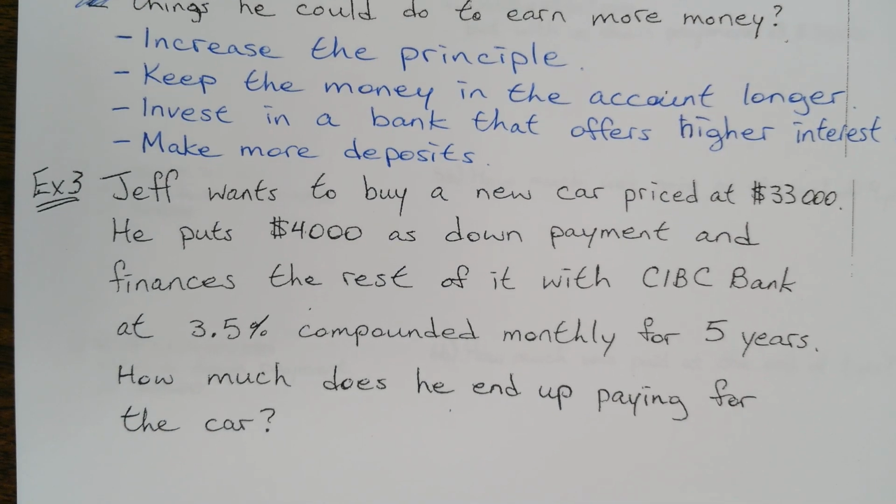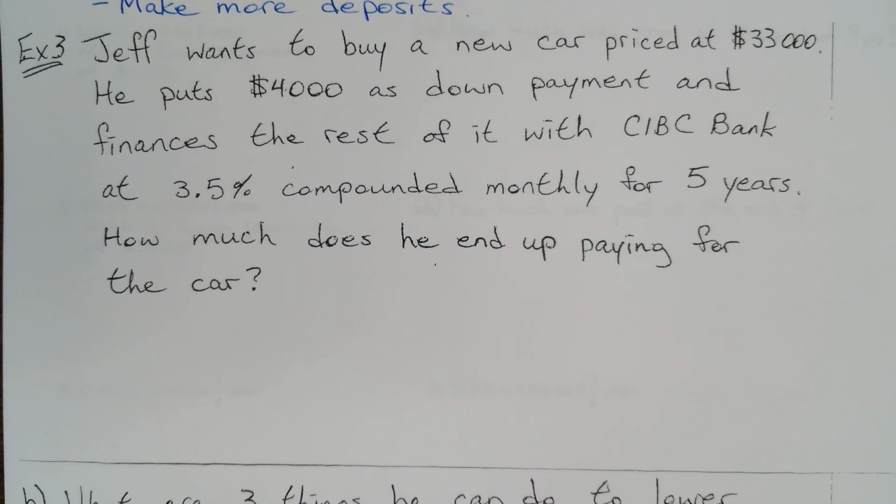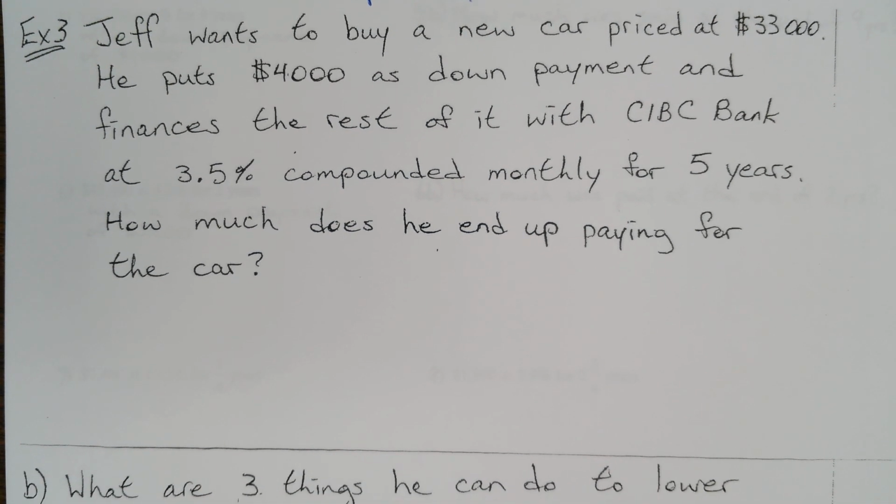Okay, last example. Jeff wants to buy a new car priced at $33,000. How many of you plan to buy a car in the future? It doesn't have to be right after high school, but eventually you know you're going to buy a car.